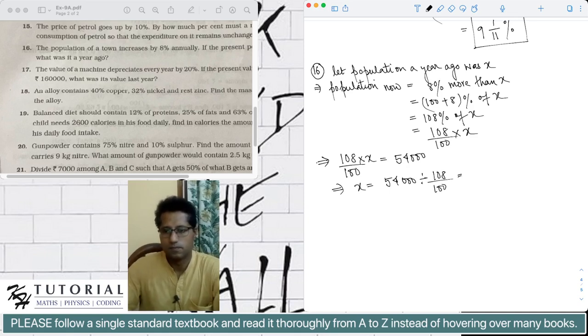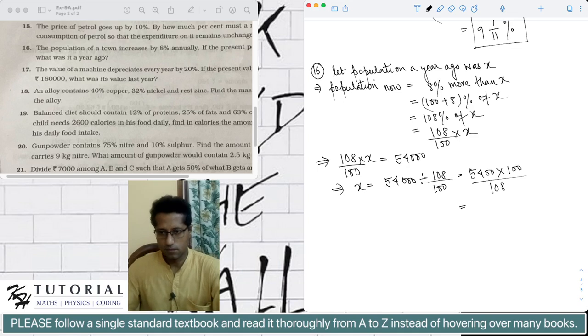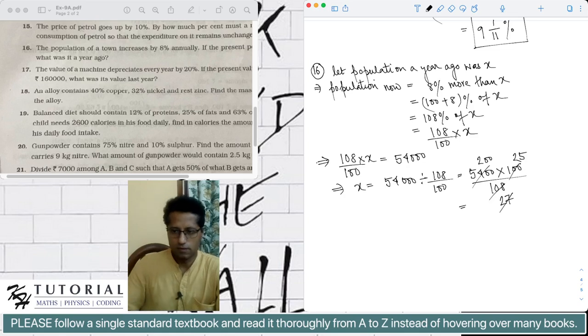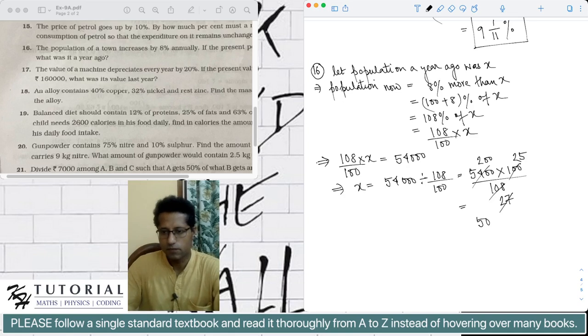This is equal to 5400 multiplied by 100 divided by 108. Now we have to simplify this. 4 divides 108 with 27, and 27 divides 5400 with 200. So 200 multiplied by 25, which is equal to 5000.